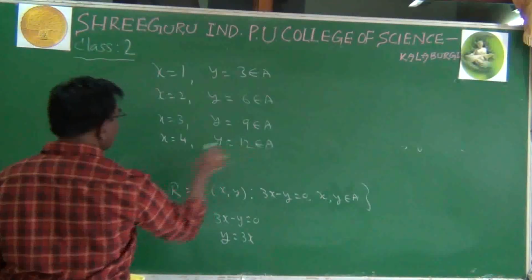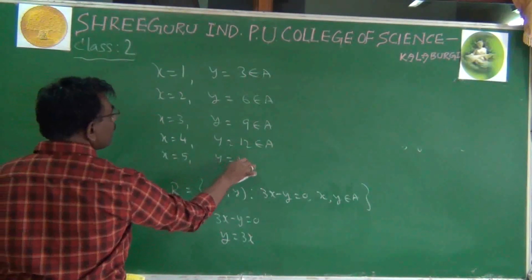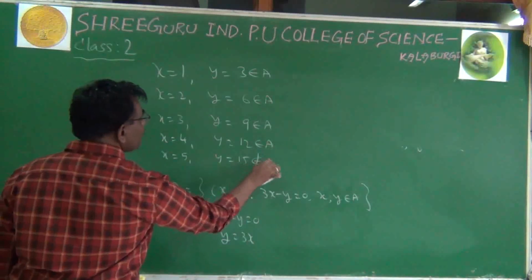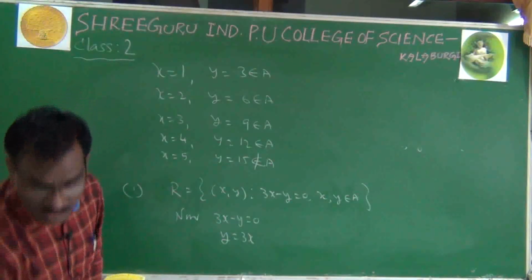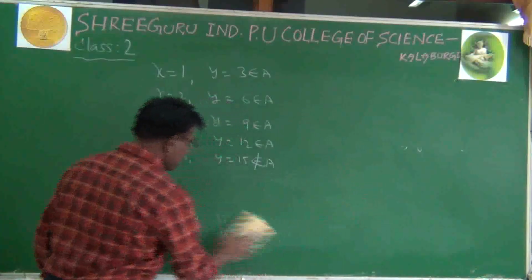X is 5, y is 15 does not belong because set A is 1 to 14.